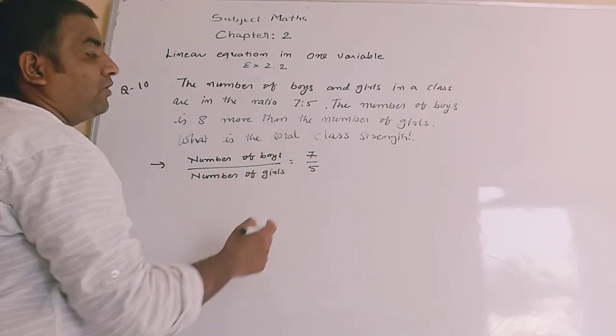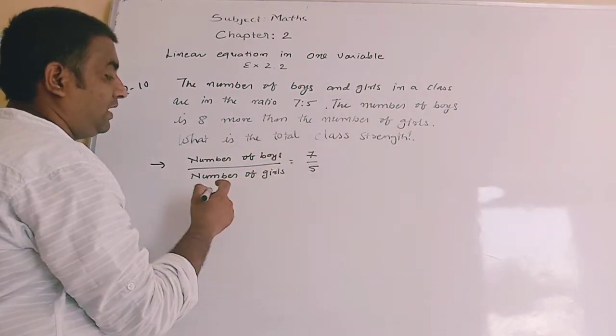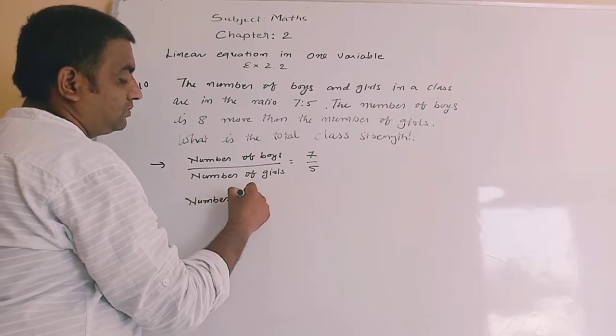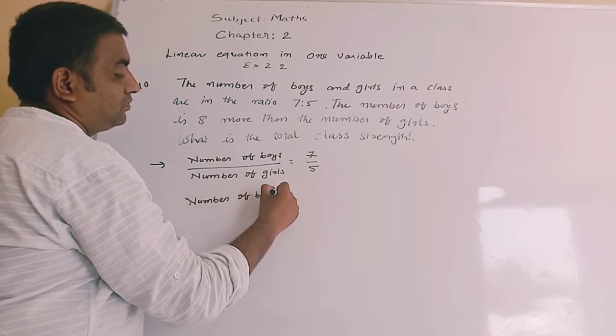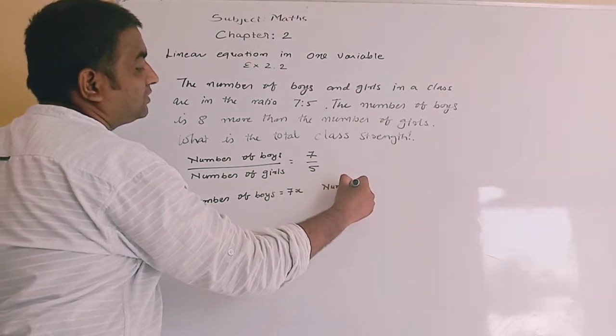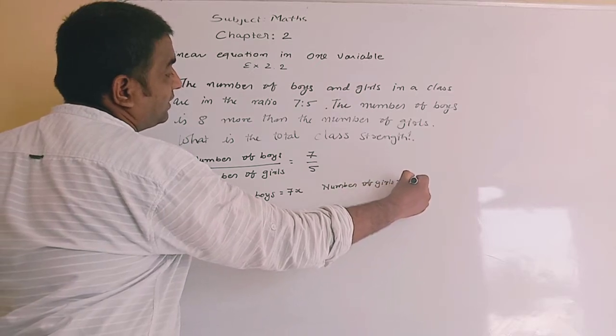So 7 and 5 are multiplied with some number that we don't know. So we take that multiplied number as x. The number of boys is 7x and the number of girls is 5x.